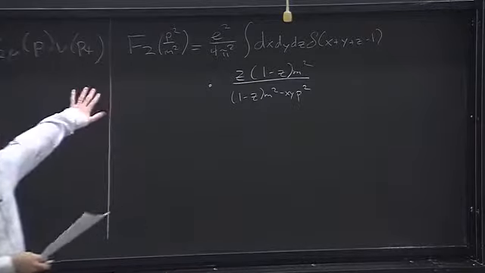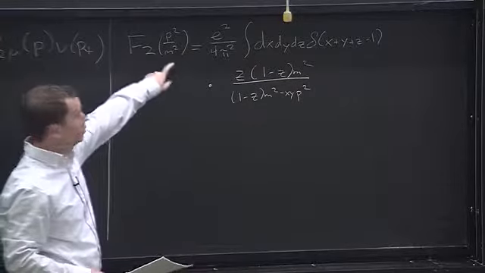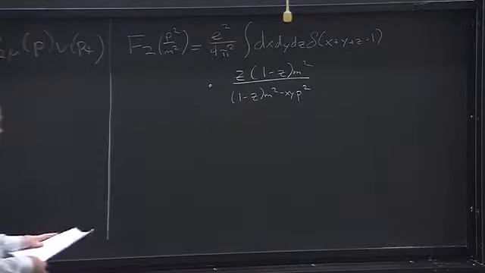And this was what gave us the anomalous magnetic moment. There we were interested in the limit where p was small. Now we're interested in the opposite limit, where p is large.